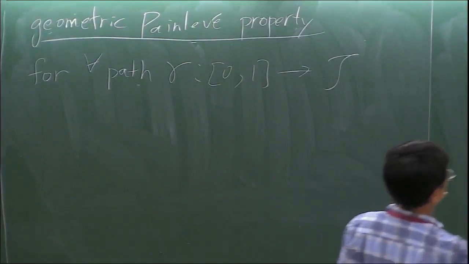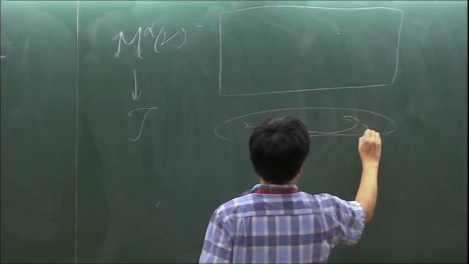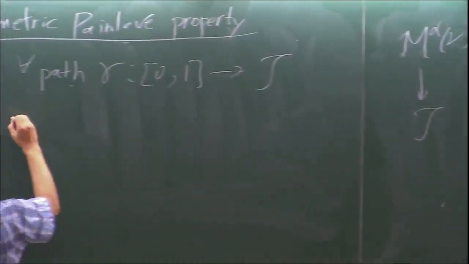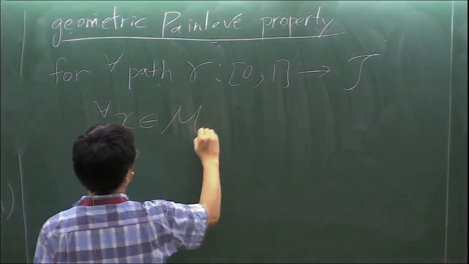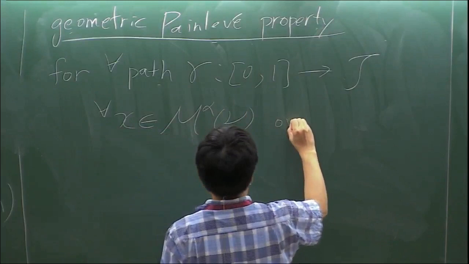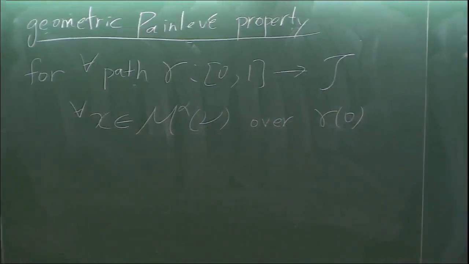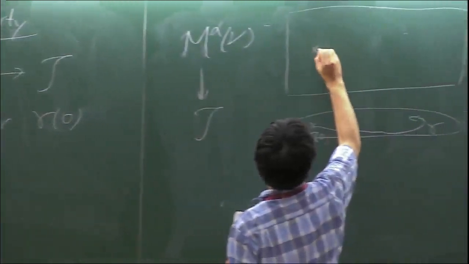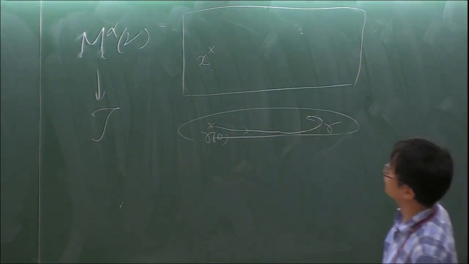So we consider a path in this space of time variables, and for any point x in the moduli space of connections over the initial time gamma 0, x corresponds to some parabolic connection.